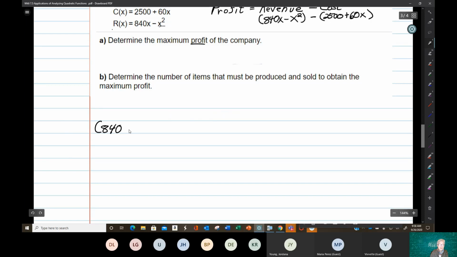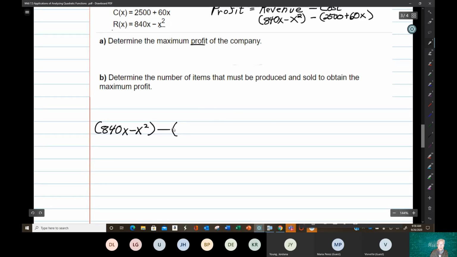So 840x minus x squared minus parentheses 2,500 minus 60x.